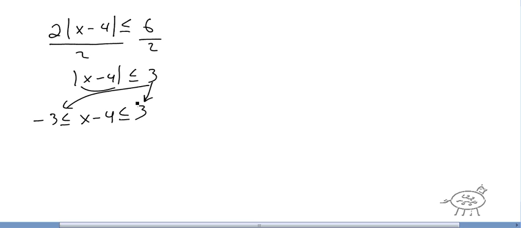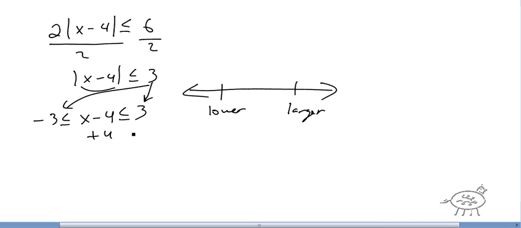The negative, and think of a number line. How a number line has, when you graph something, you get the lower numbers here and the larger numbers on the right hand side. Same thing with the inequality, just to help you remember which way it goes. So the negative goes on the left, the positive goes on the right, and then we solve. We add 4 to all 3 sides. Remember when we did between problems, that's how we solved it.